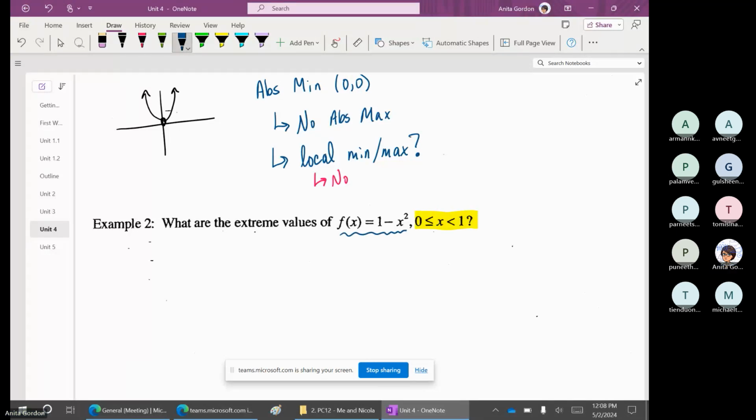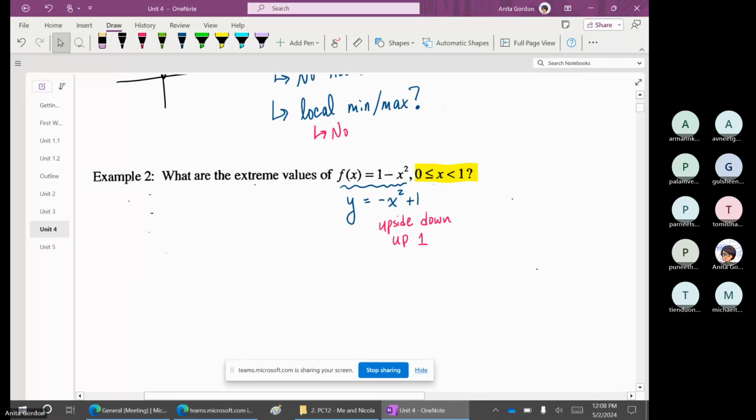What would it be? It's a transformation of x squared, right? This is saying negative x squared plus 1.